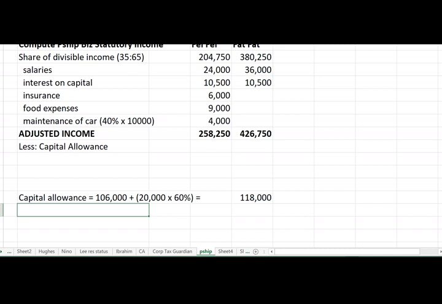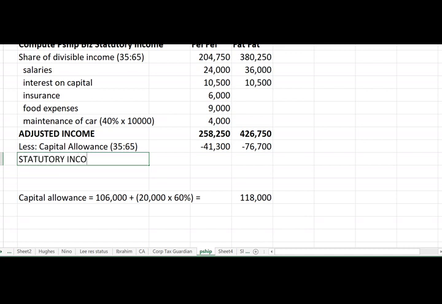Okay? Now what you do with that CA, you have to use the ratio 35/65. So equals to negative 118, then times 0.35. Equals to negative 118 times 0.65. Now that's my final figure, statutory income.